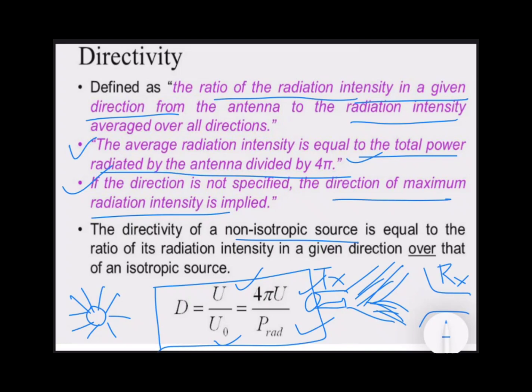Either it will be given in terms of radiation intensity, then the equation is U divided by U naught, or it will be given in terms of power radiated, then it is 4 pi U by P radians. The rad means the power radiated.